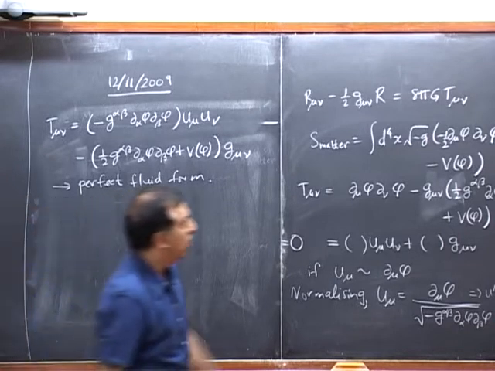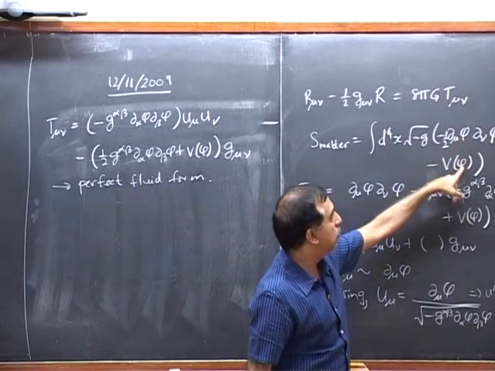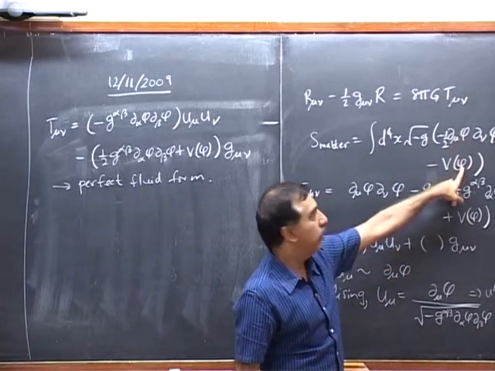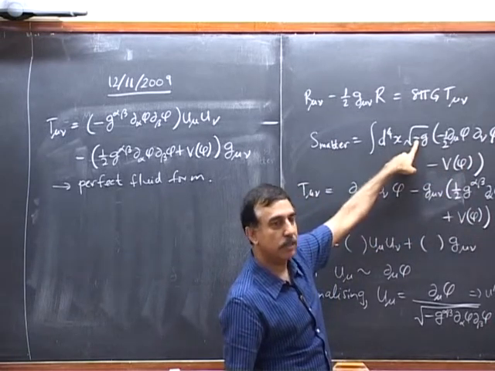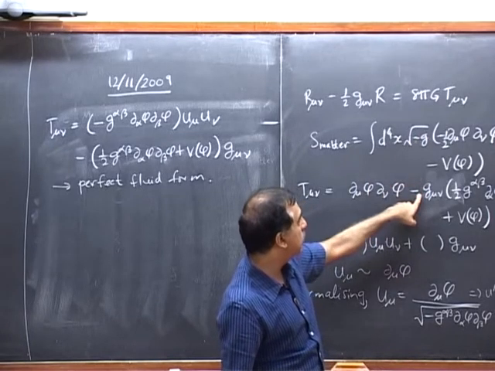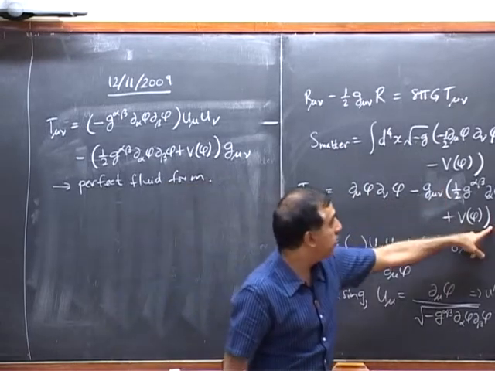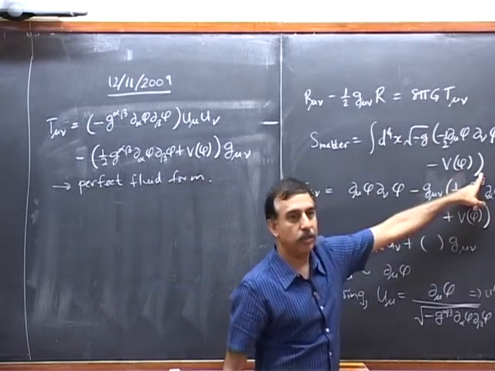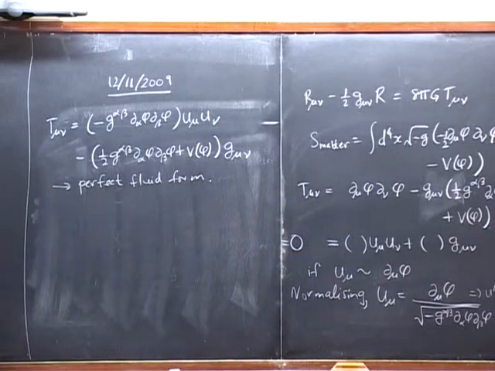You see, the sum of these two terms is the same as the sum of these two terms up to a constant. Because for this contribution we are differentiating this. So whatever factor we get, actually there was a half and a minus, but both were killed by the definition of u mu. But whatever is inside is just this thing carried over. So the relative factor is fixed by that. So this is fine.